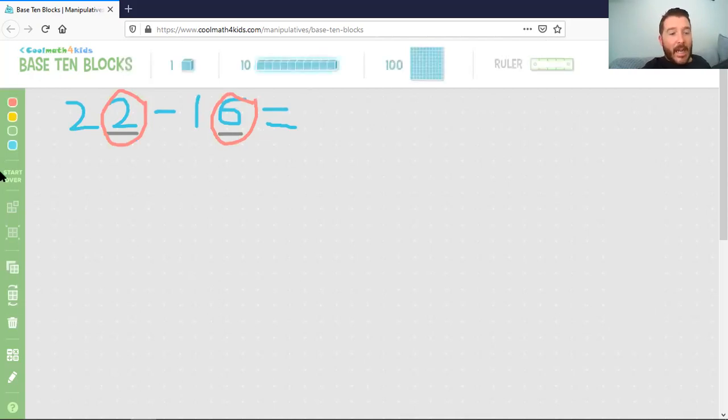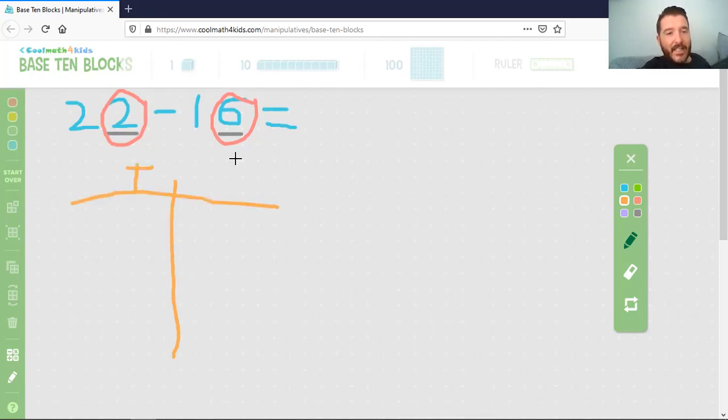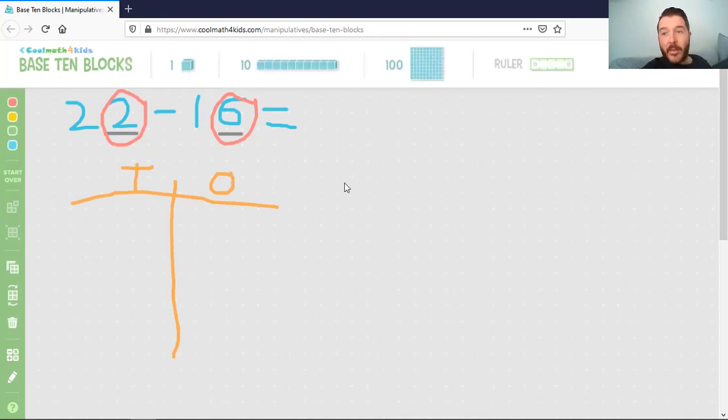So I'm going to make a grid, and I'm not going to draw tens and ones yet. I'm going to use this online one that I've seen. So just as we always do, T for tens and R for ones. Remember, when I subtract, I always need to make the first number, the whole number.